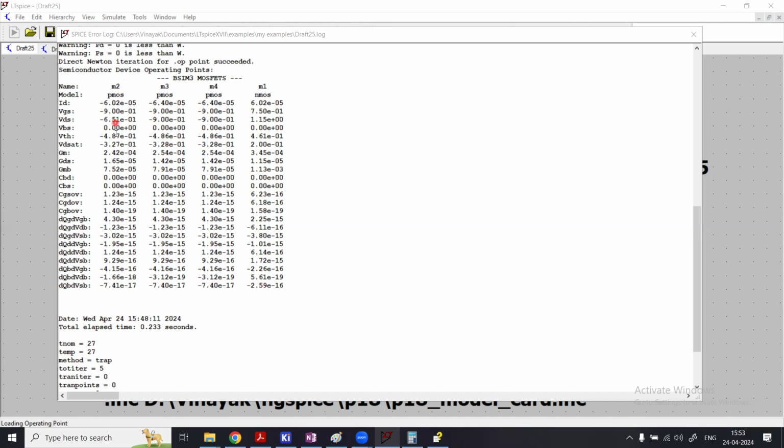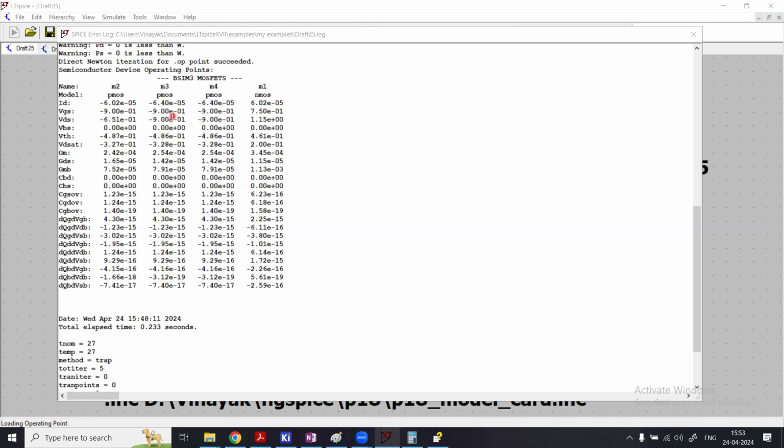Just a minus sign because it's a PMOS. Then its values of GM, GDS, GMB are given. Good. M3 and M4, they have like 64 micro current, which is mirrored here in M2 and then M1. Pretty close, not exactly same, but still okay. 64 micro and 62 micro, fine.